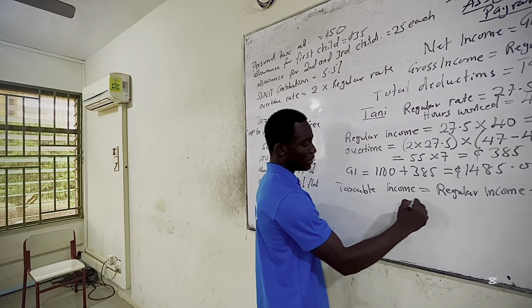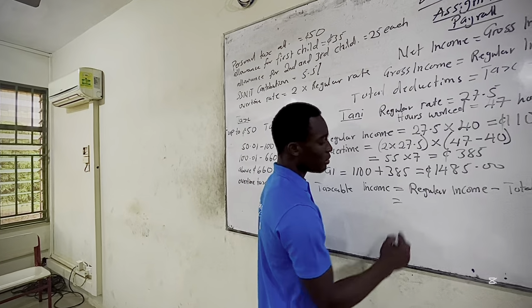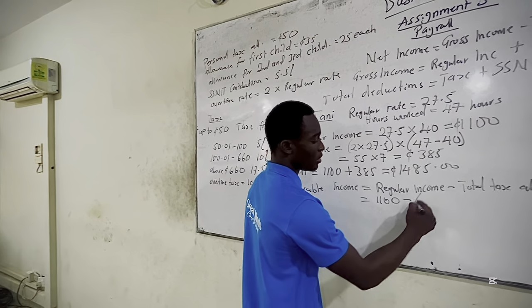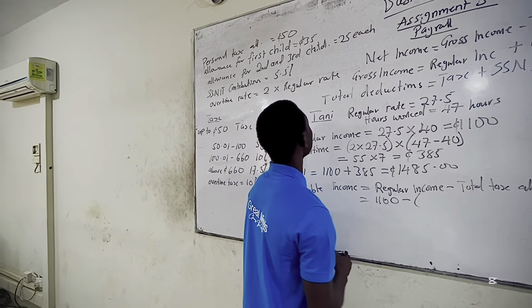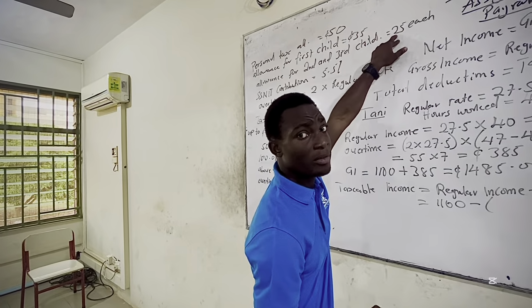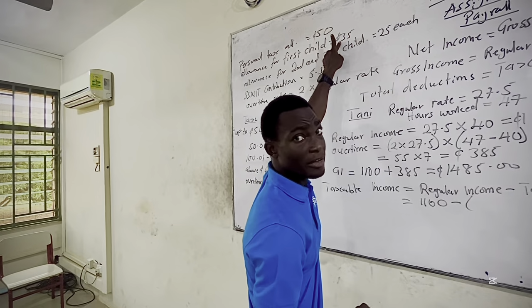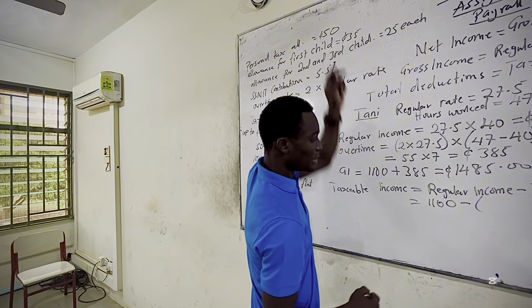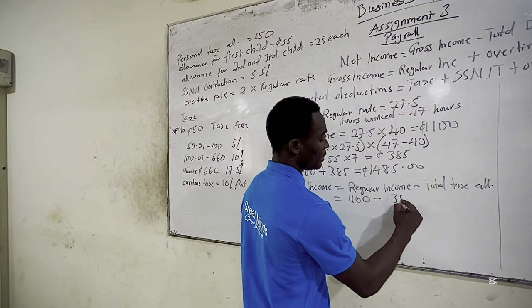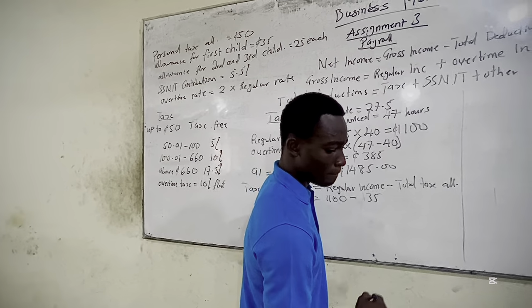Then this is equal to, what is the regular income? 1,100 minus, what will be the total tax allowance? 25 plus 25, 50 plus 35, 85 plus 50. That is going to give us what? 135 Ghana cedis.